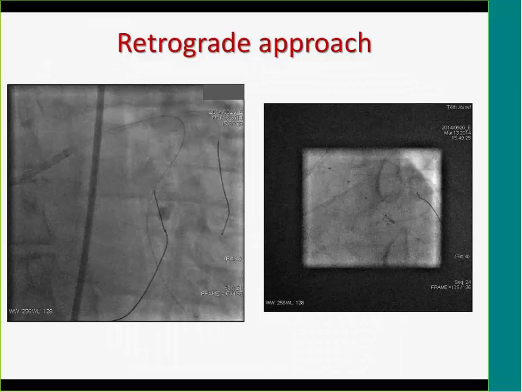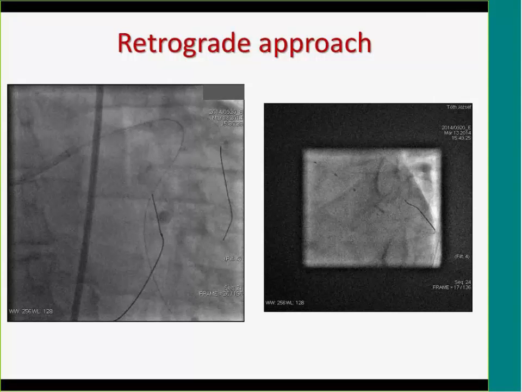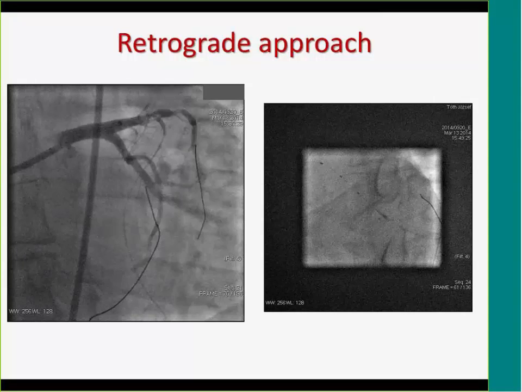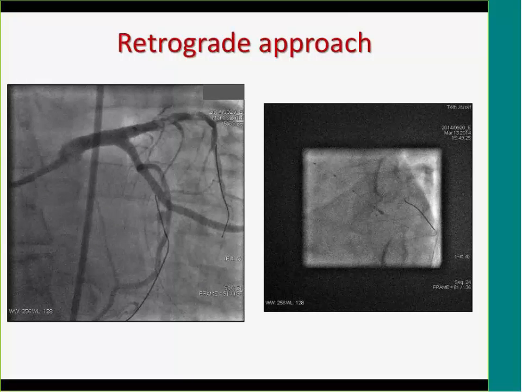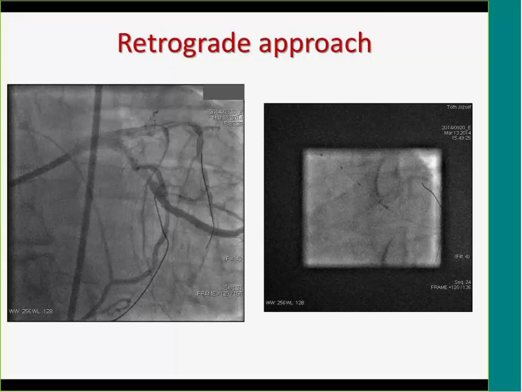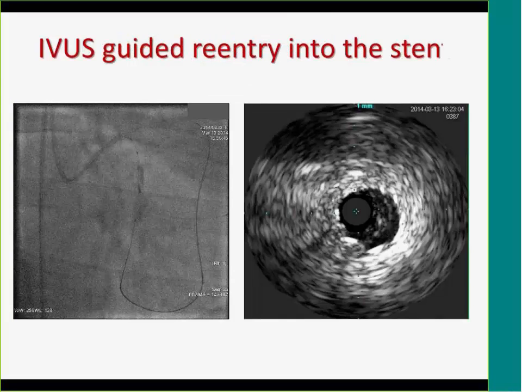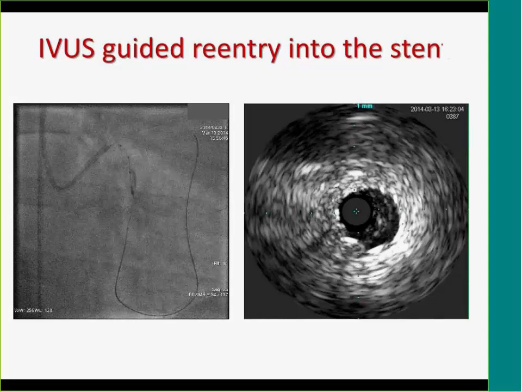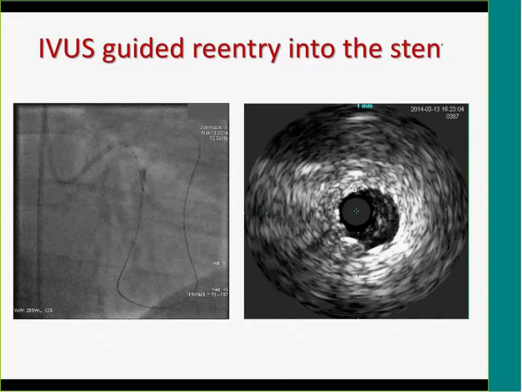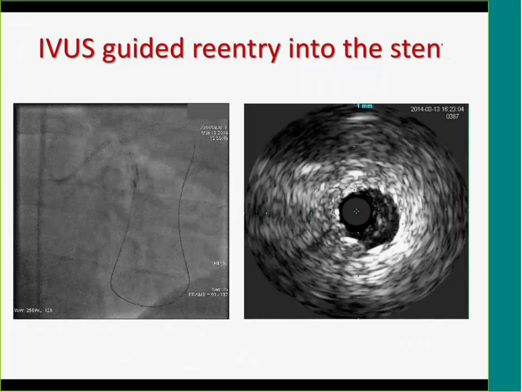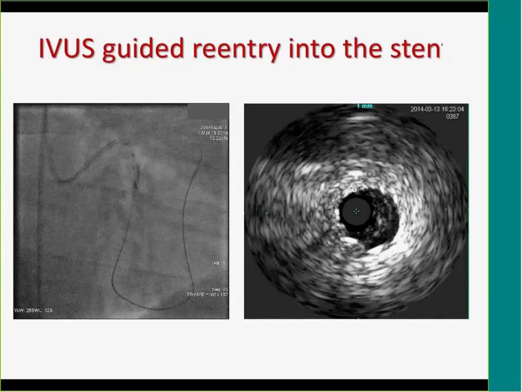And finally, we decided to put in the IVUS again next to the proximal cap of the occlusion, and with IVUS guidance, we continued the attempts to get into the lumen of the stent.